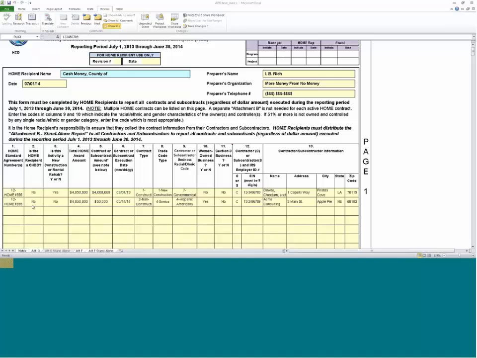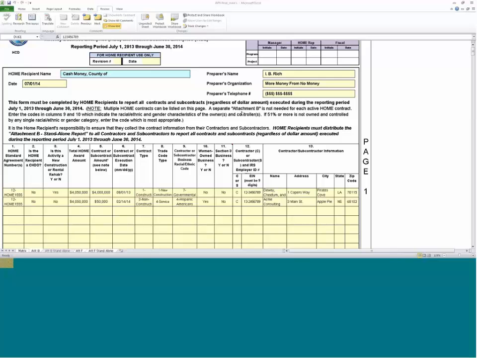And we get lots of questions every year about the dollar amount or between when and when. The key to this form is when it was executed, when that contract was executed. Now, I'd probably tell you June 30th or July 31st is going to be here in a hurry. I would suggest to you state recipients, you know who your developers are. You generally know who your general contractors are.